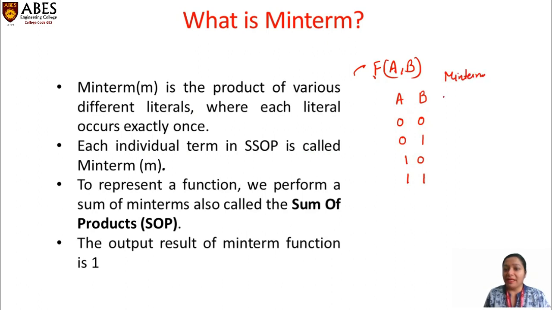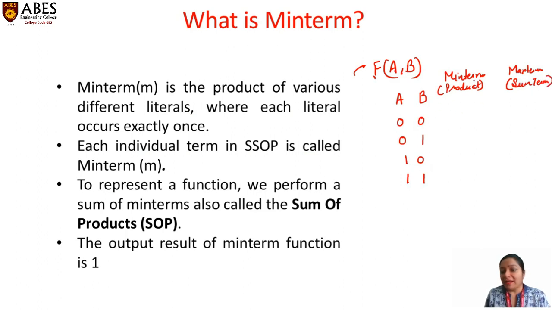A min term is also called the product term, whereas the max term is called the sum term. Let us understand this.